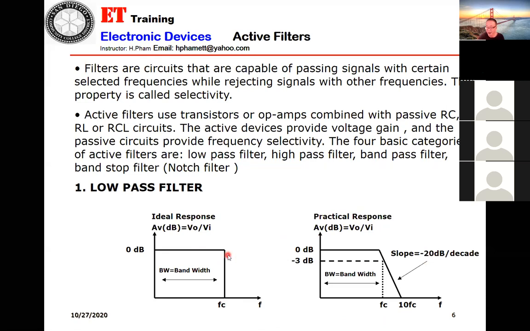This is the one they wanted. They want no more voltage at the cutoff. However, in reality, they still get voltage here. The cutoff will be at minus 3 dB, and FC will be the cutoff frequency. And this will be 10 times FC.